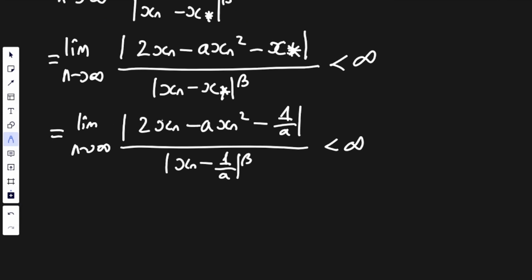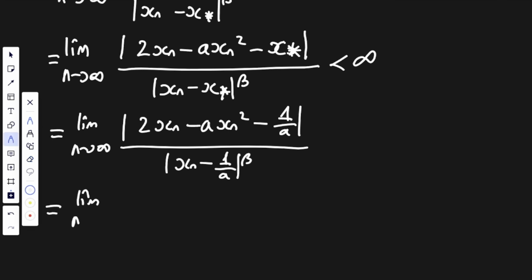So putting 1 over a in, you're going to get 2 times 1 over a here, minus, well, this is going to be 1 over a, minus 1 over a. So the top will be 0. So we actually have a factor, and I don't need this less than here. So this is equal to the limit as n goes to infinity. Let's take out a factor of xn minus 1 over a.